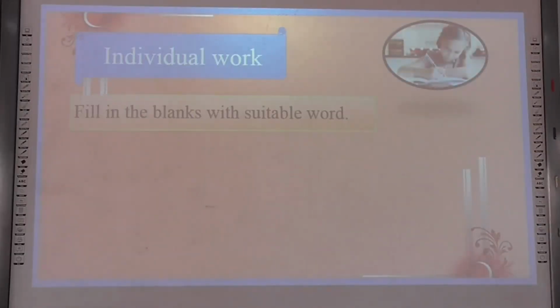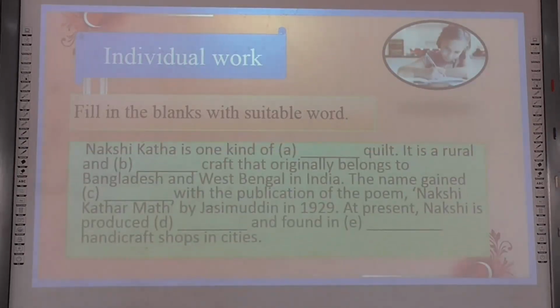So, here is another fill in the blanks with suitable word. Nakshi Katha is one kind of embroidered quilt. It is a rural and native craft that originally belongs to Bangladesh and West Bengal in India.